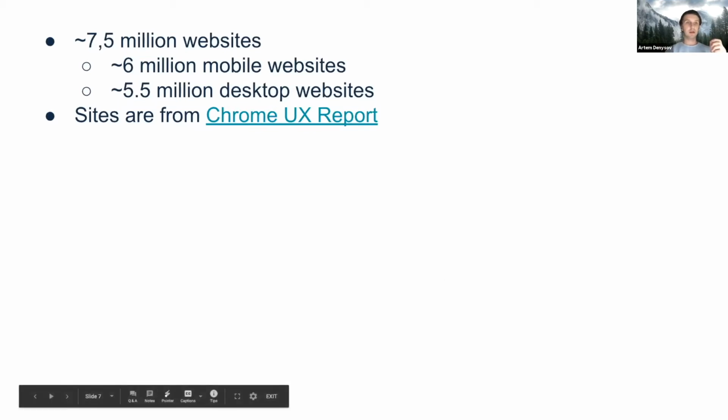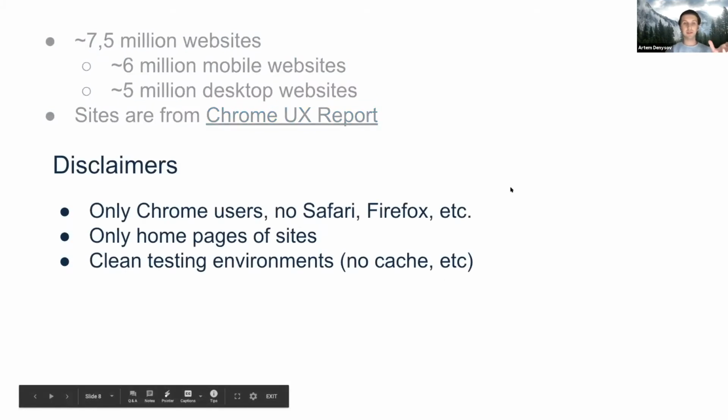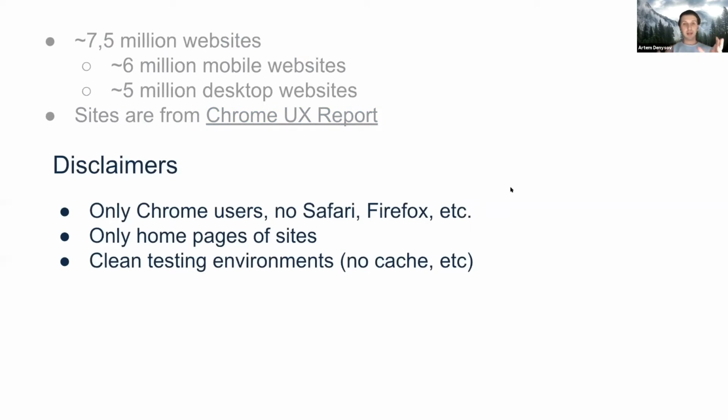And here come some disclaimers about that. We have data only about users from the Chrome browser. No Safari, Firefox, Edge, whatever browser you wish. And it's only home pages of the sites. You might understand that a homepage might be super performant, super fast, or have really interesting data, but deeper down into the website or product, it might be slow or have different varieties.